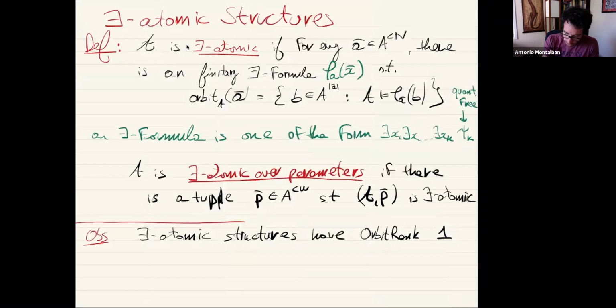And I guess we can also observe the converse of this, which requires a little observation. And vice versa: if the orbit rank of A equals 1, then A is E atomic.